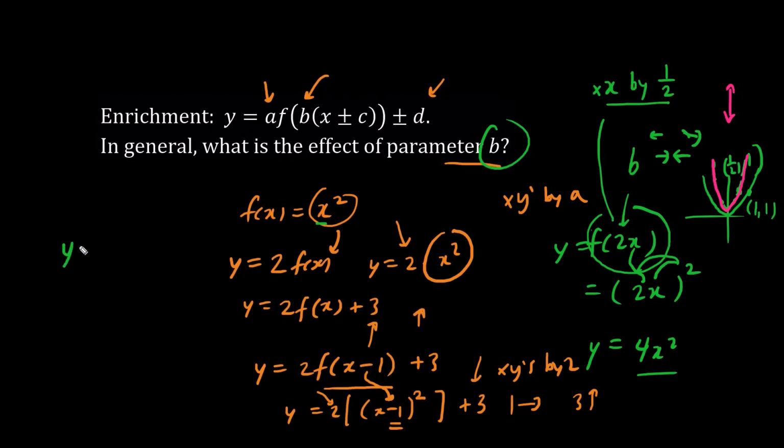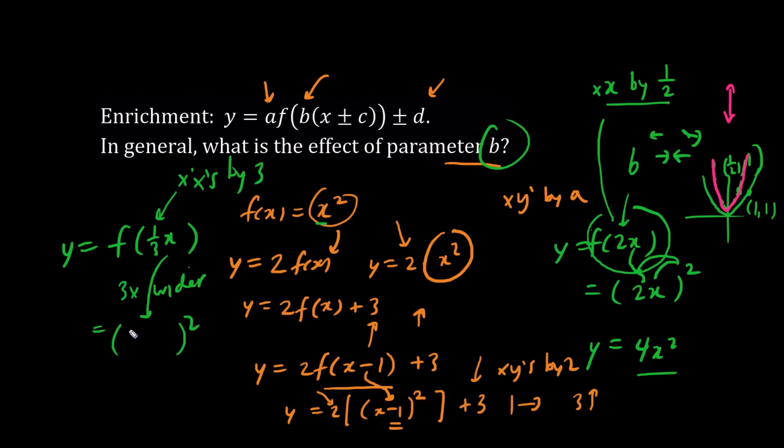So if we have a graph such as y equals f of 1/3 x, this actually means we're multiplying the x's by the reciprocal of 1/3, which is 3. So it's 3 times wider. That's what's happening. So we'll substitute f is x squared, and pour this inside here.